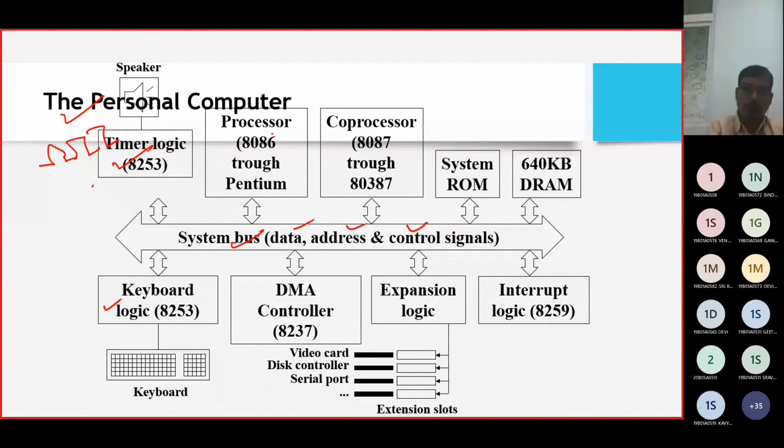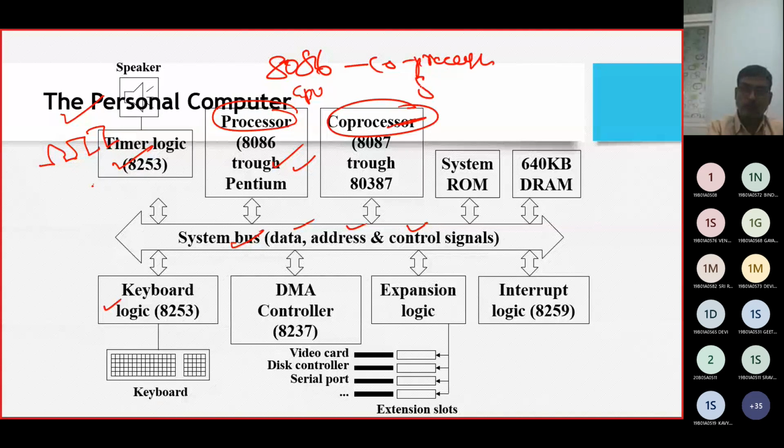Then we are going to have the processor, the central processor unit, and a sub-processor. As a principal and vice principal, in the same model a processor will be available, and similarly a co-processor is also available. For the 8086, there is a co-processor, which we call 8087.